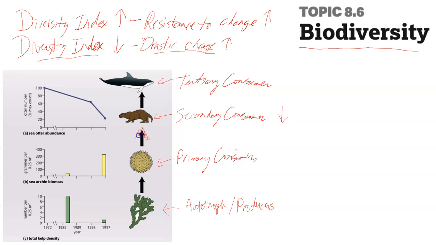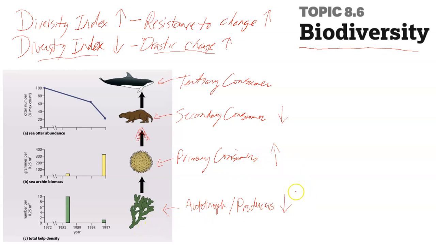These sea otters eat these sea urchins, right? So if there's fewer sea otters, you're going to see the sea urchin population increase. Of course, if this population increases, what is that going to cause at the level below, at this producer level? You're going to see a decrease in this kelp life.